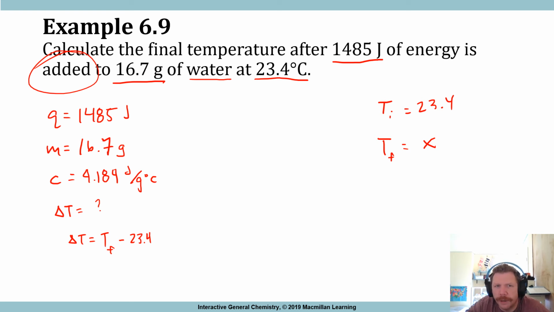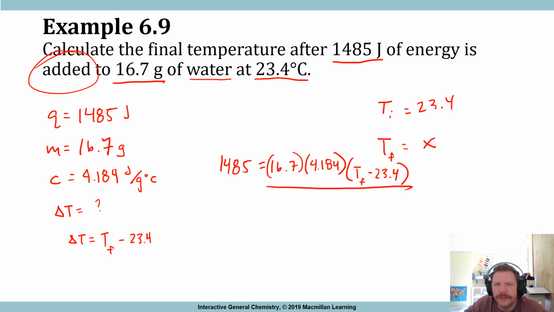So I'm going to set up my equation. 1485 is equal to 16.7 times 4.184, and then T sub F minus 23.4.